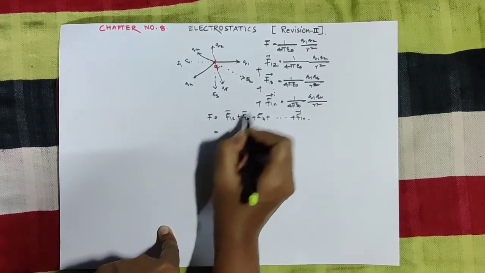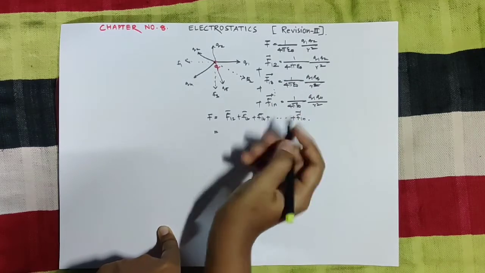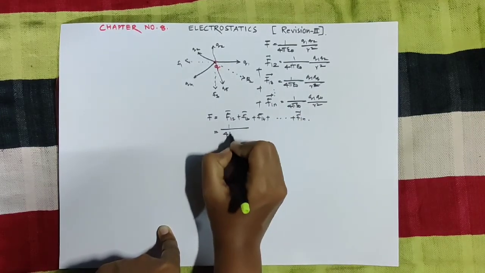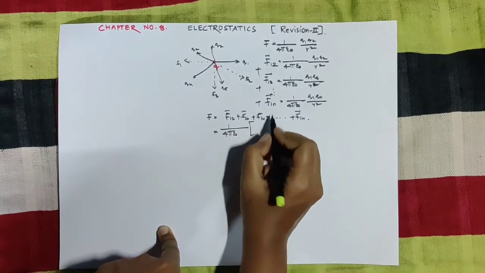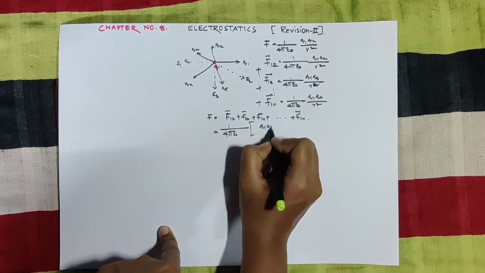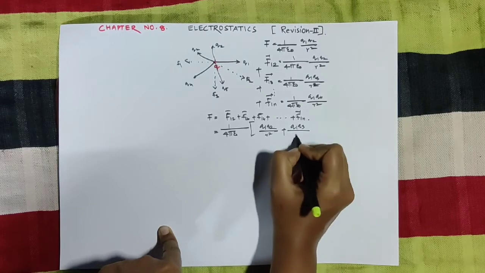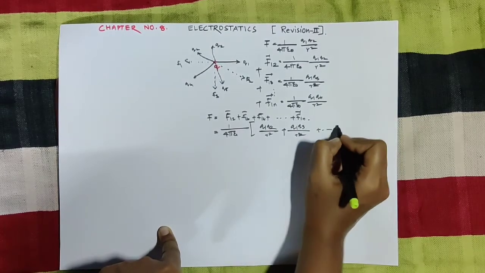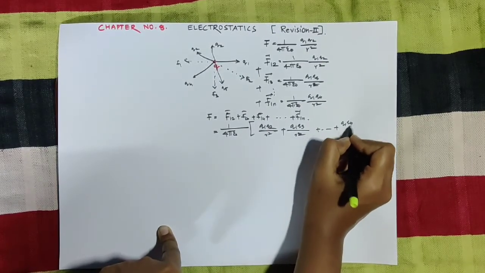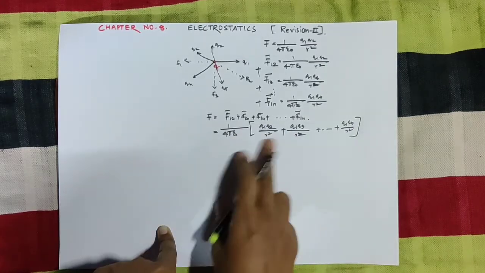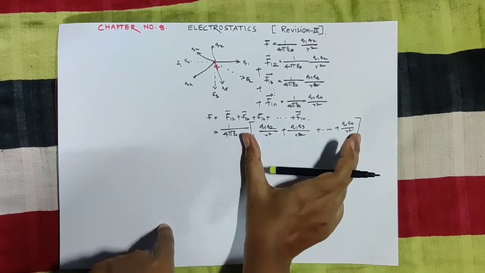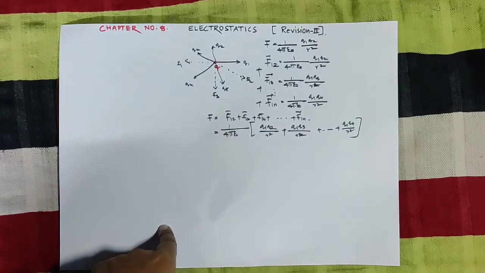Okay, so 1 upon 4 pi epsilon naught is common, taking it outside, we can write 1 upon 4 pi epsilon naught in brackets, Q1 Q2 upon R square plus Q1 Q3 upon R square up to Q1 Qn upon R square. Instead of this series, we represent it as a summation over all the charges.